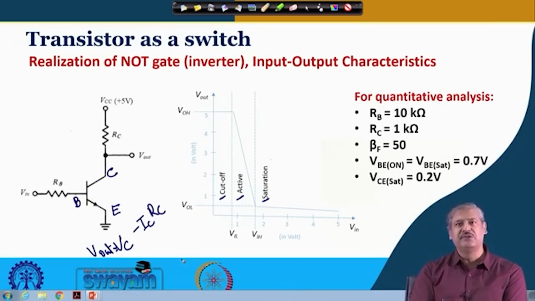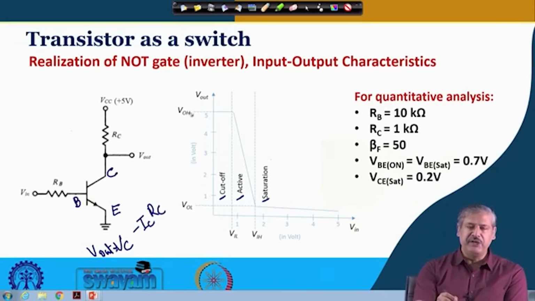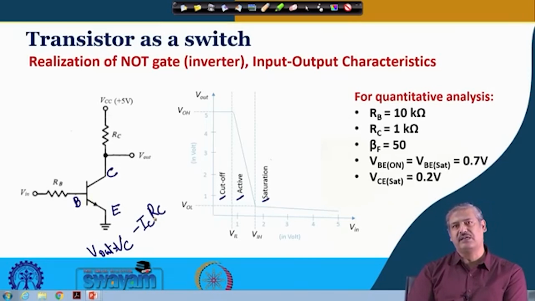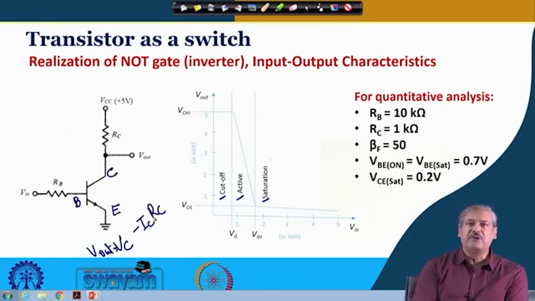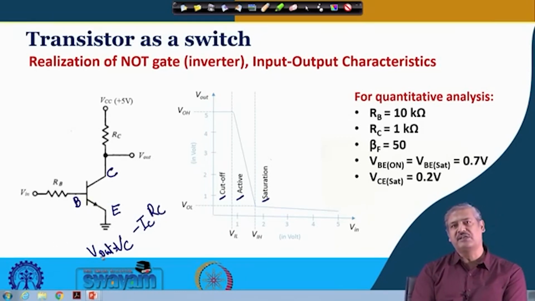Any voltage less than that will be treated as low, and VOH is the voltage at the output side which is treated as high. Any voltage higher than that also will be treated as high. This is in general the characteristic of an inverter, and there is a correspondence with the transistor input-output characteristics.